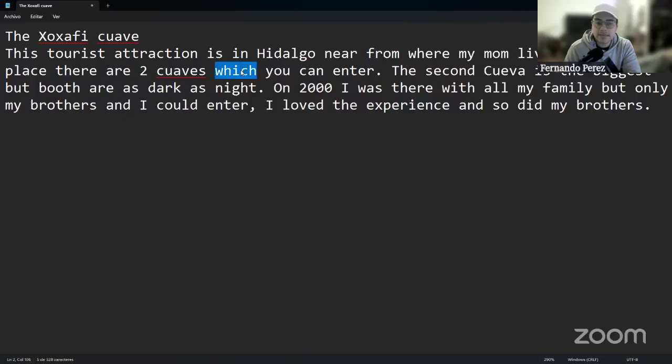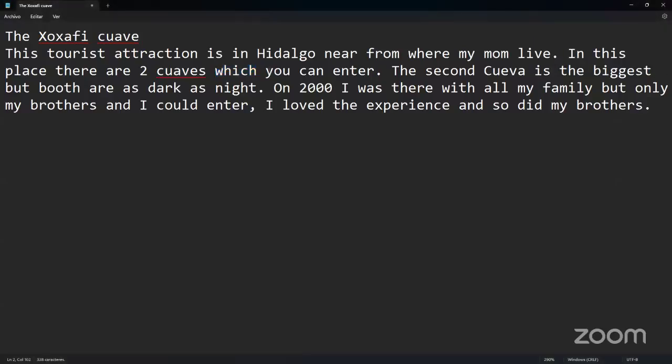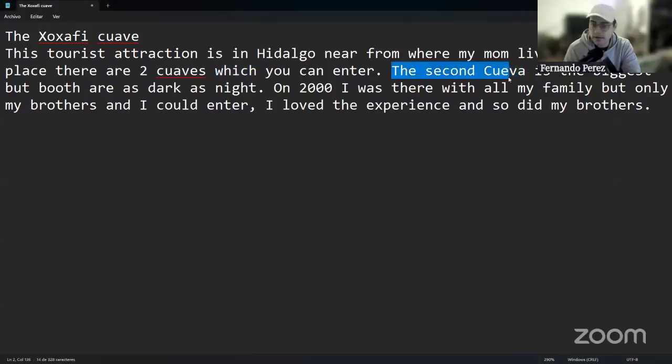I would say instead of which, use the WH for place. What is the WH for place? Where. The second cave is the biggest, but both are dark as night. Very nice.